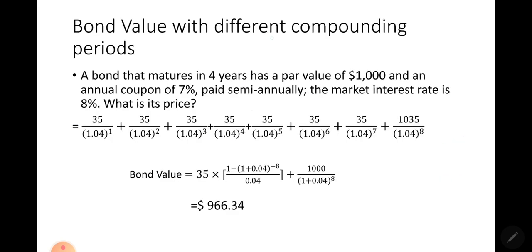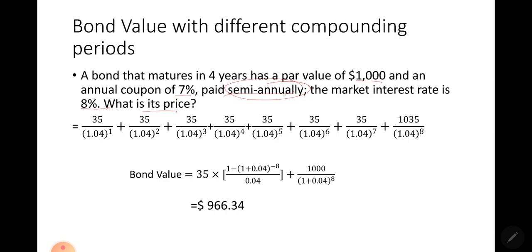Okay, bond value with different compounding periods. A bond that matures in 4 years has a par value of 1000 and an annual coupon of 7% paid semi-annually. Usually your bonds have semi-annual payments. Your question will mention if it is semi-annual, but usually bonds have semi-annual payments. The market interest rate is 8%, and what is its price?